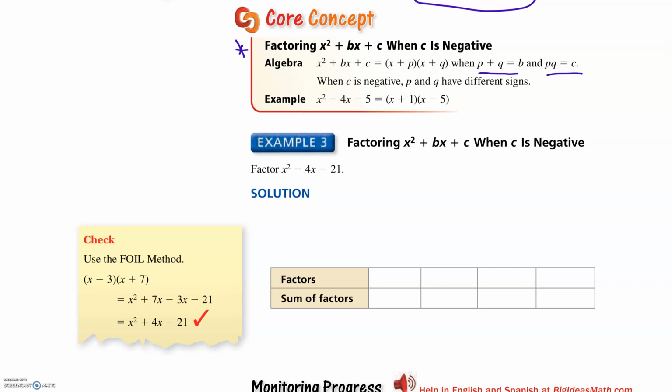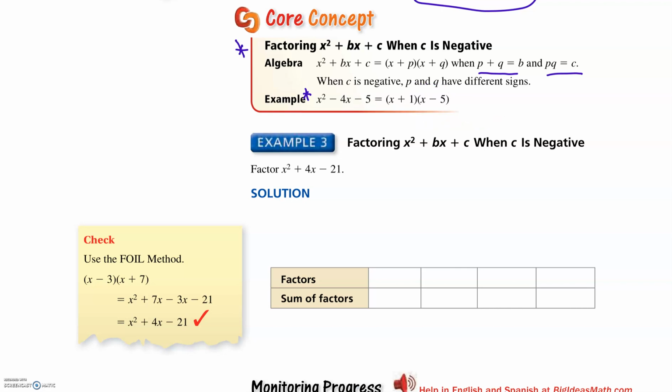But if c is negative, p and q are going to have different signs. One of them needs to be positive and one of them needs to be negative, like this example right here. Notice what happens. X times x creates the x squared. There's a negative 5x and a plus 1x. And then 1 times negative 5 is negative 5. So to get a negative right there, I have to have a positive and a negative.